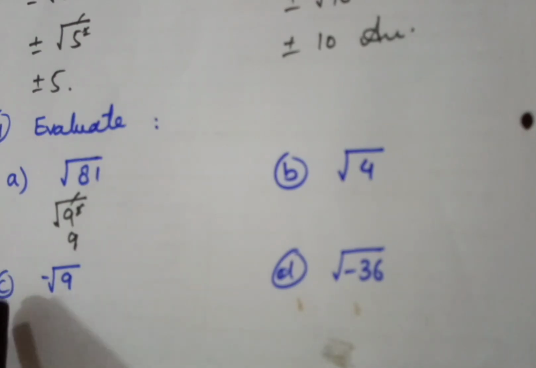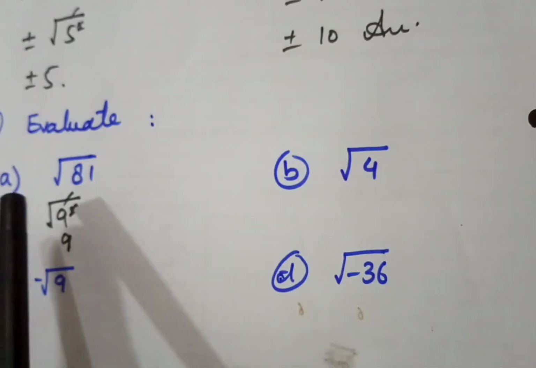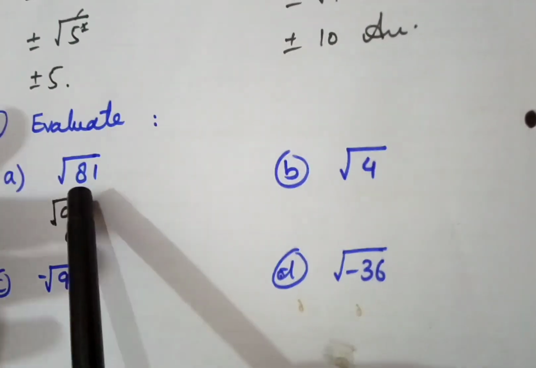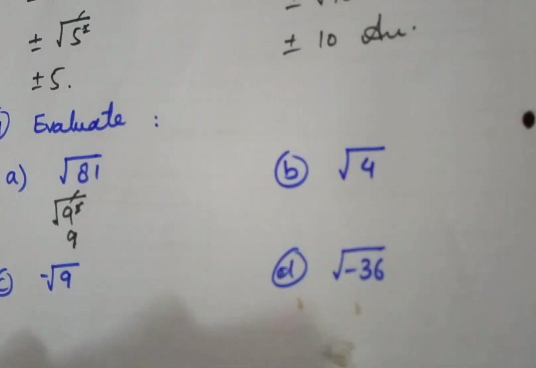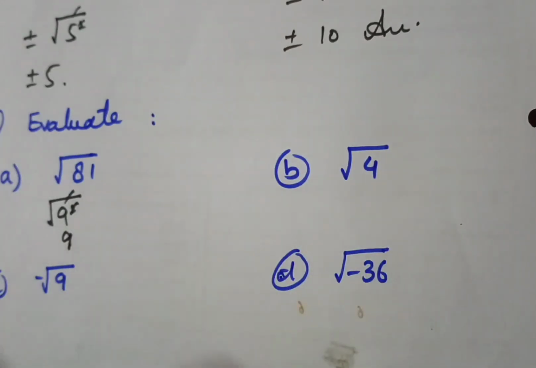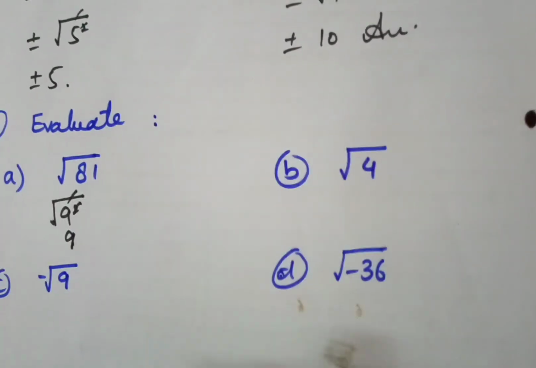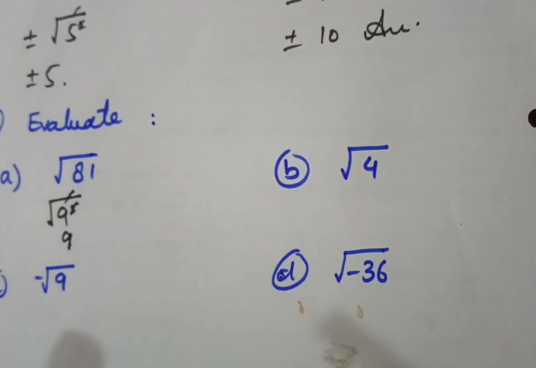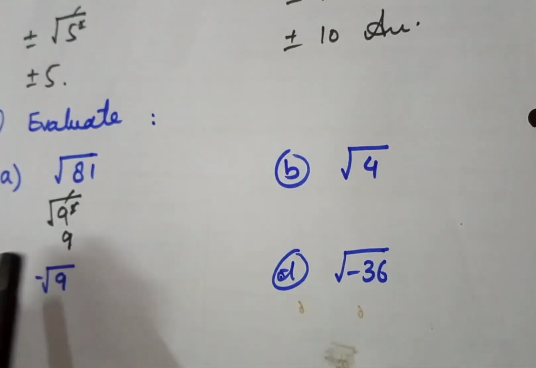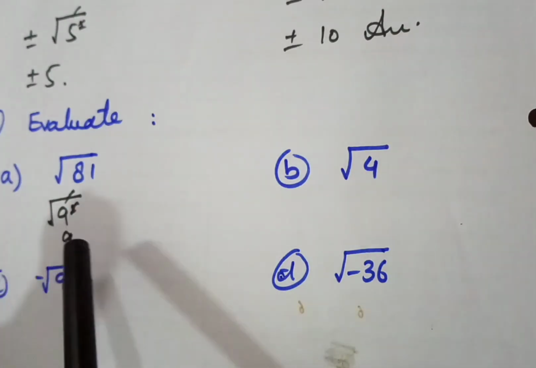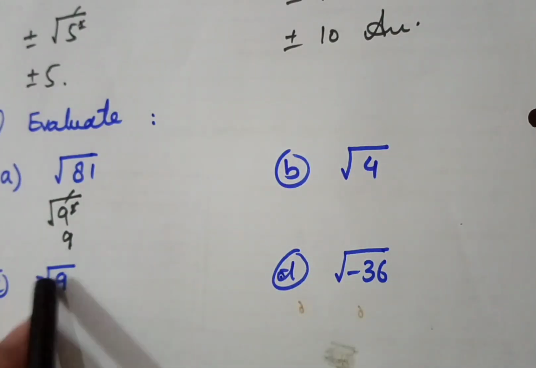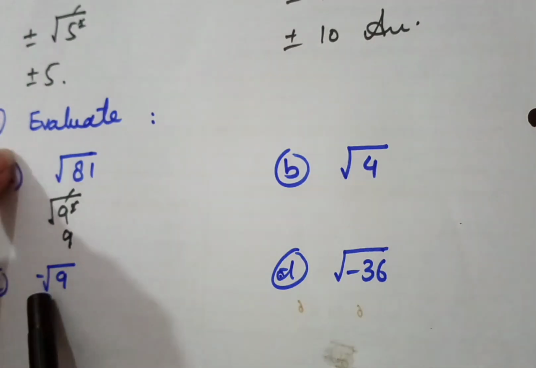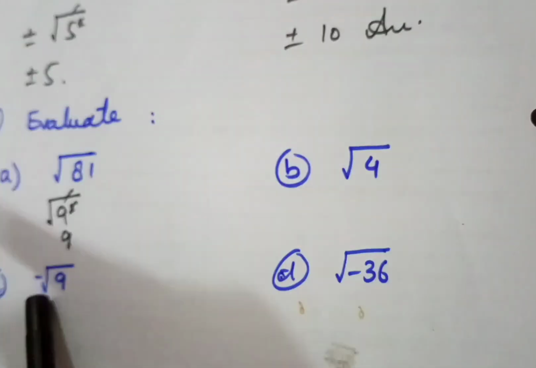They are not talking about the negative square root, they are not talking about both square roots. They just want you to give the answer, and when they ask to evaluate, solve the question as it is given. Whenever the word square root comes, you have to solve with the positive and negative square root. Whenever they ask about the negative square root, you just have to put the negative sign. But whenever they use the word evaluate, you just find the square root.